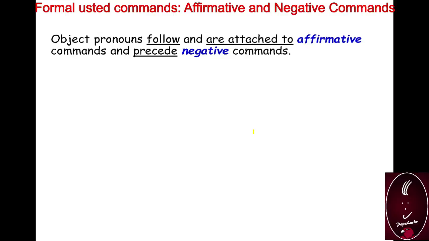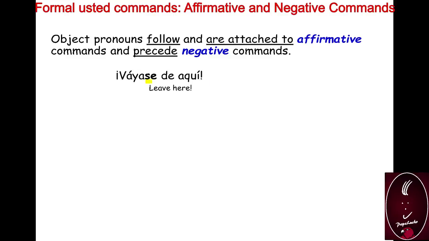For the use of direct or indirect pronouns or reflexive pronouns, we attach them to the affirmative commands and place them before the negative commands. In this example, we have an affirmative command, váyase de aquí.